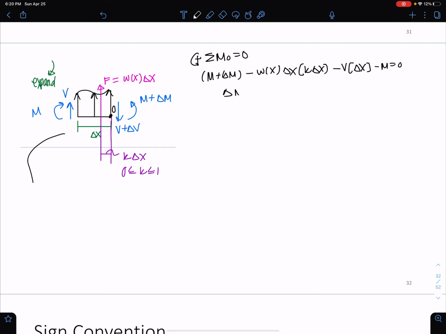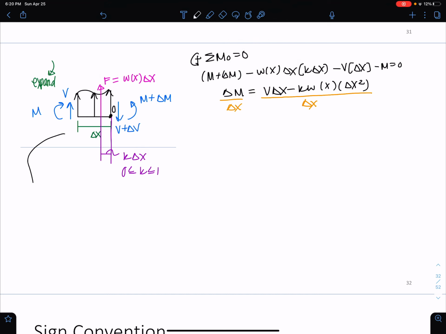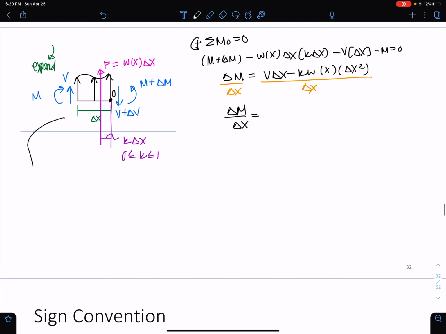And we can simplify. We get delta M equals V delta x minus k w times x times delta x squared. Actually, x squared. And if we divide by delta x again, we end up getting delta M over delta x equals the shear basically.